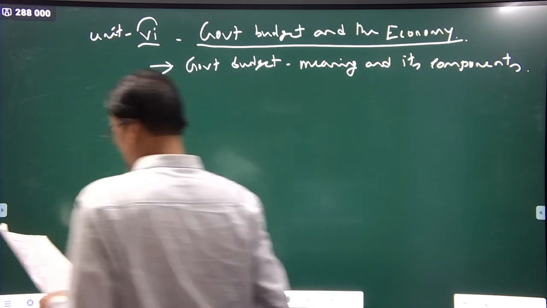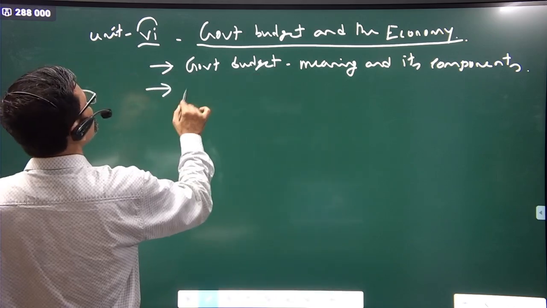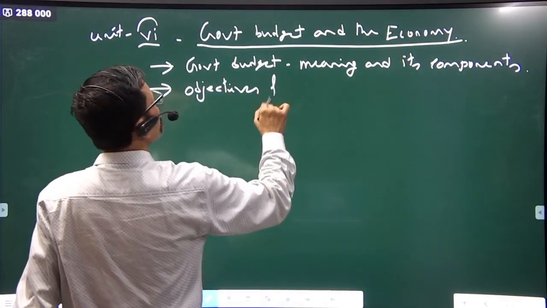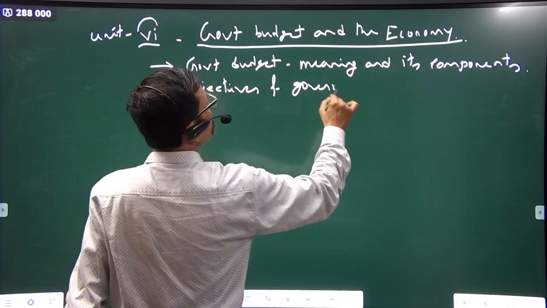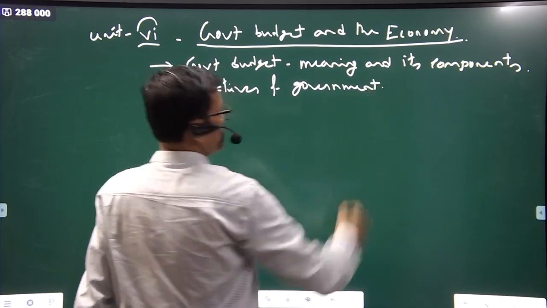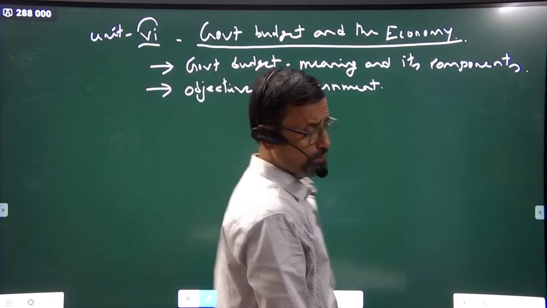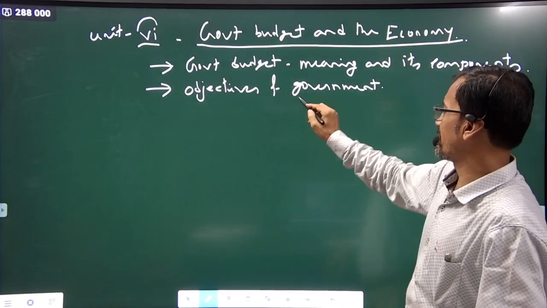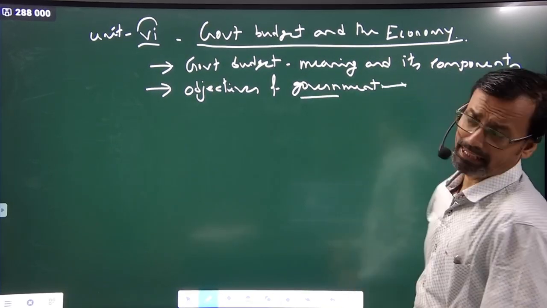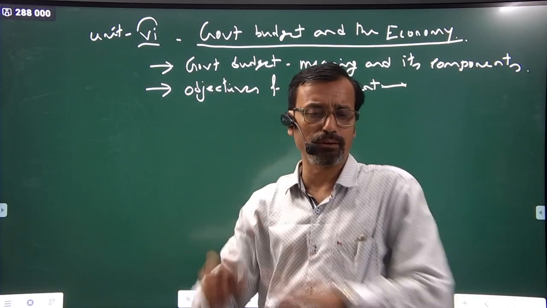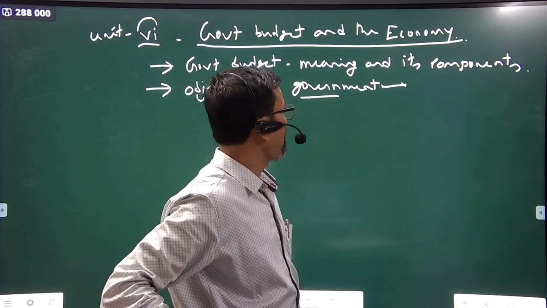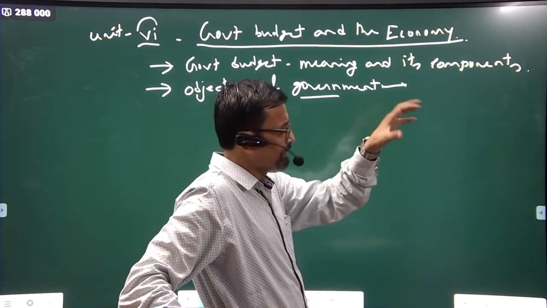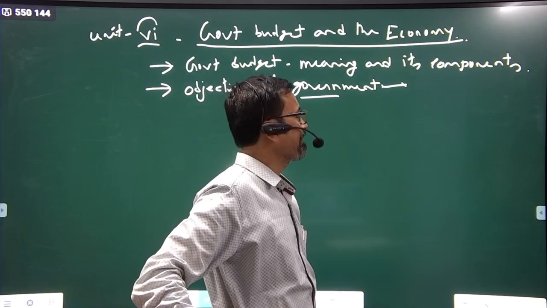Next, objectives of government budget. We must understand what the government budget is. Now you see objectives. Government basically collects taxes from the richer section of the people of our society and spends on the unprivileged section of our society.